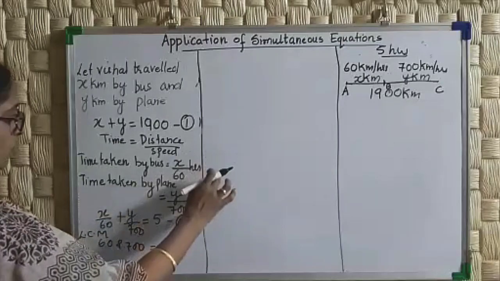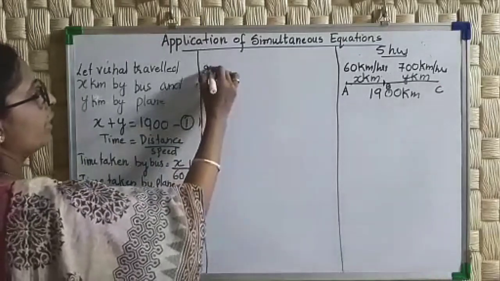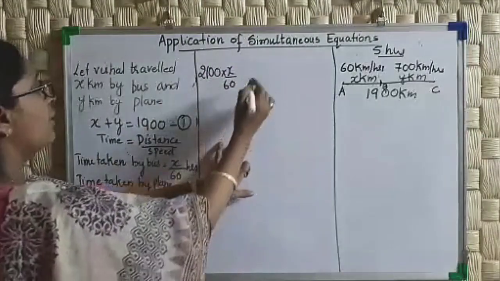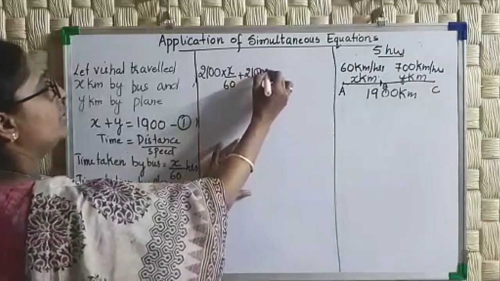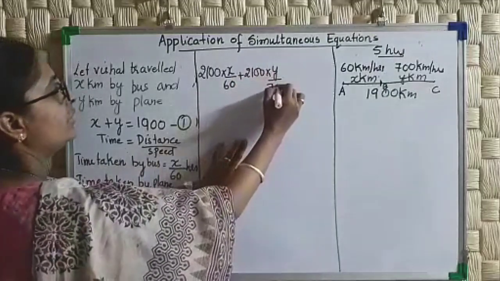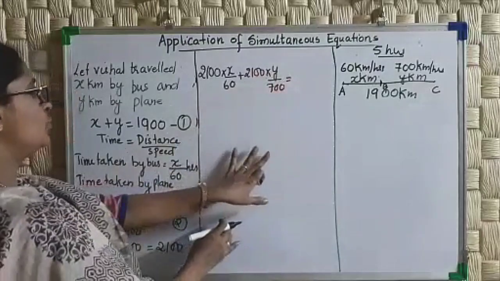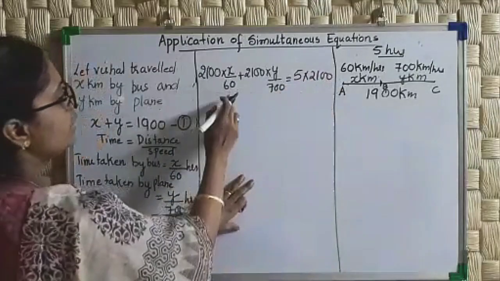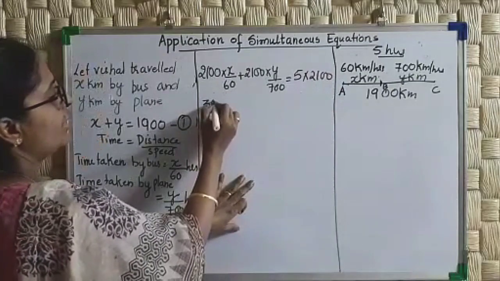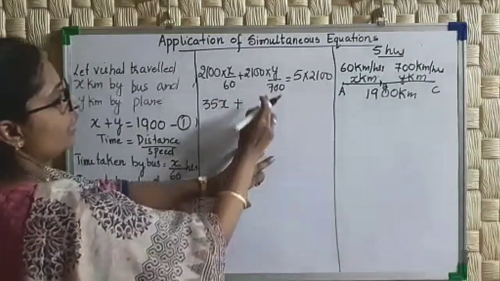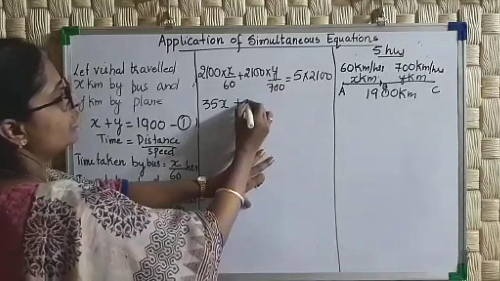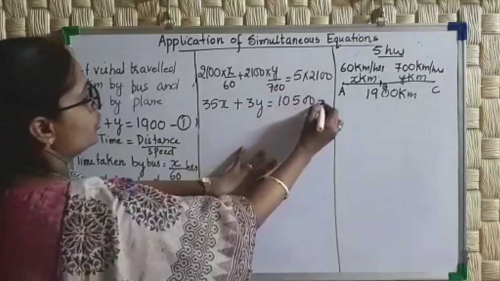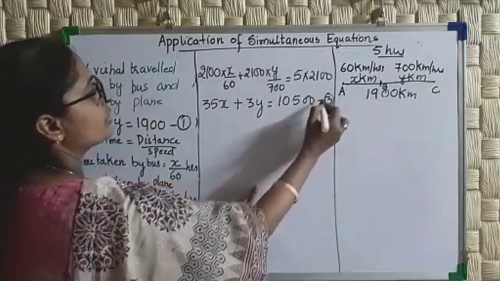So we multiply the whole equation by 2100: 2100 into X upon 60 plus 2100 into Y upon 700 is equal to 5 into 2100. When you cancel, you get 35x plus, cancelling 2100 by 700, 3y is equal to 10,500. So you get the third equation.